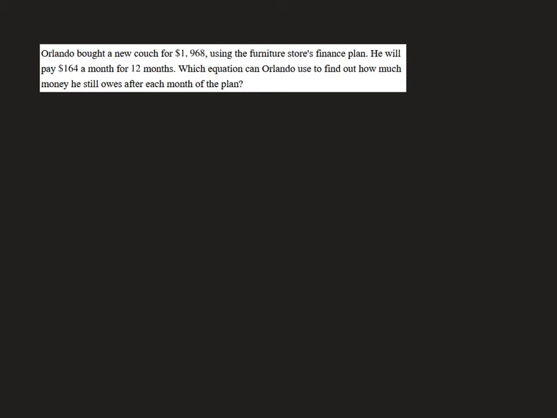Here we have that Orlando bought a new couch for $1,968 using the furniture store's finance plan, and he will pay $164 a month for 12 months. Which equation can Orlando use to find out how much money he still owes after each month of the plan? The easiest thing to do here would be to actually write your equation and then see which one matches up to it. So we know it's going to be what's left, and you can start with how much he purchased, so $1,968.